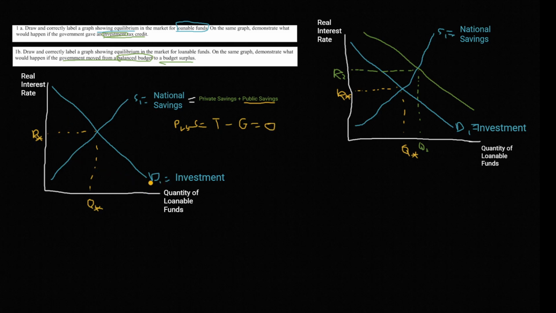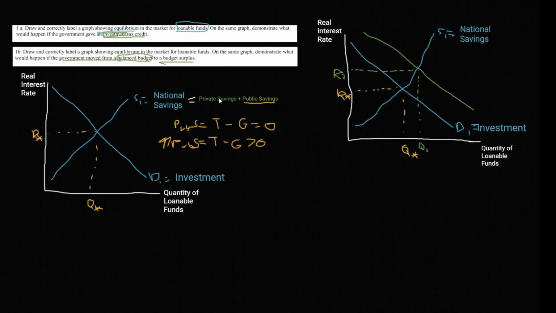But afterwards, T minus G is now greater than zero. They might have just spent one less dollar on government, but that would be an increase to public savings. So public savings went up, and that's the only thing that's changing.